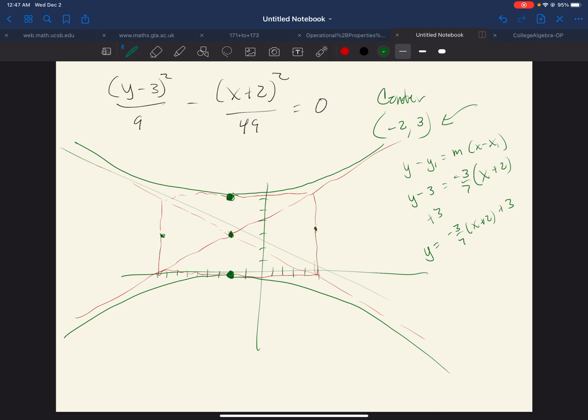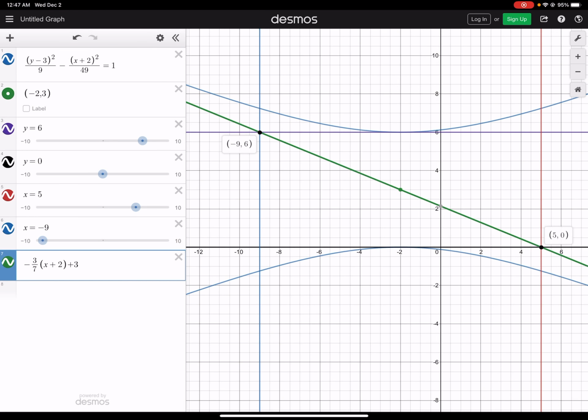If I then came back to this and said, okay, what if I'm on the other line, this line? Well, in this case, I rose 3 and ran 7. And so that would give me a positive 3/7 slope. And I would have the same point here. So it's y minus 3 and x plus 2. But in this case, I have a positive 3/7. And so watch what happens when I do that.